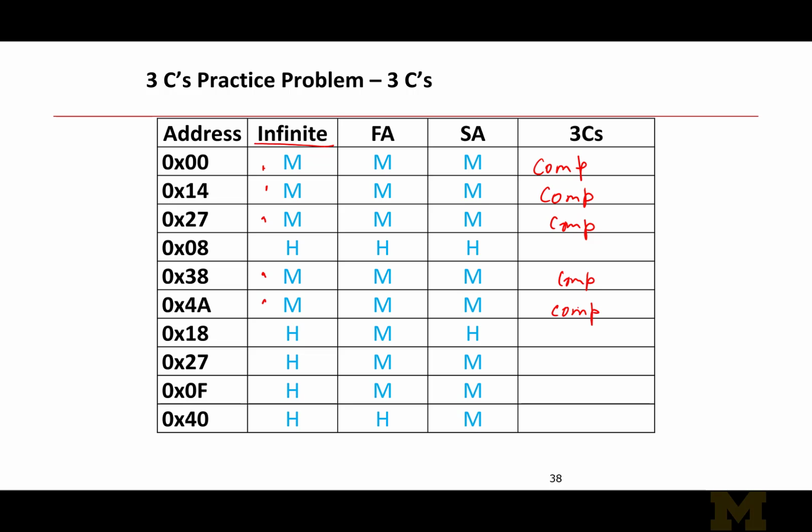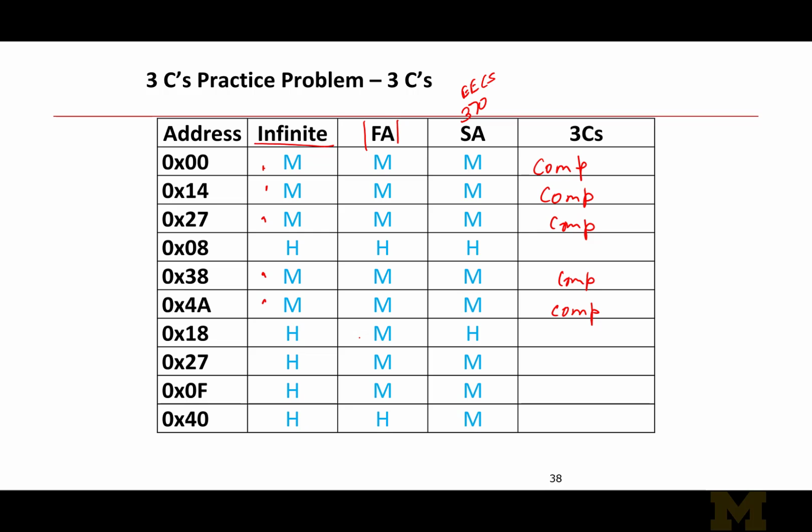Okay, so my next step is to go and figure out the set of capacity misses. So a capacity miss is one that I encountered in the fully associative cache of the same size as my given cache. This is my given cache. This is the fully associative cache.